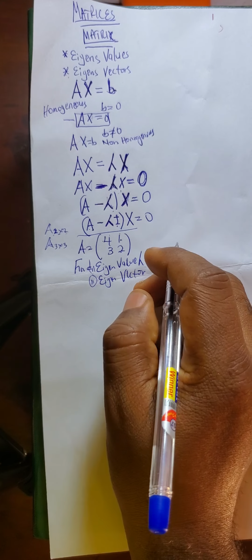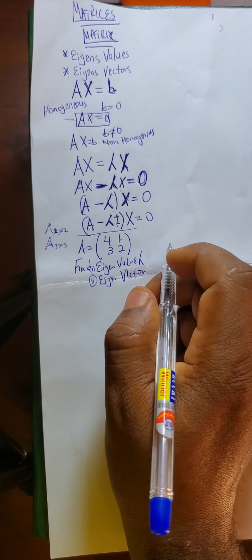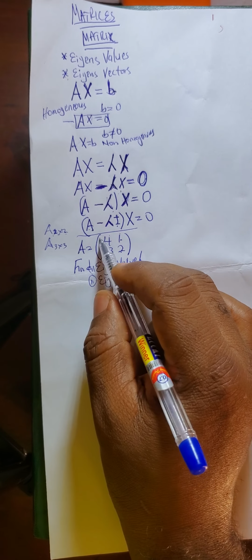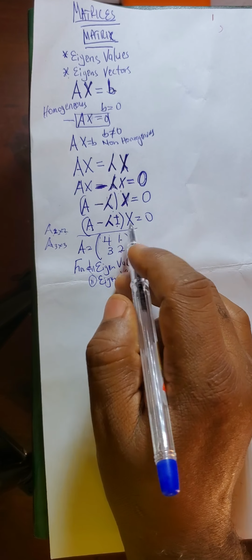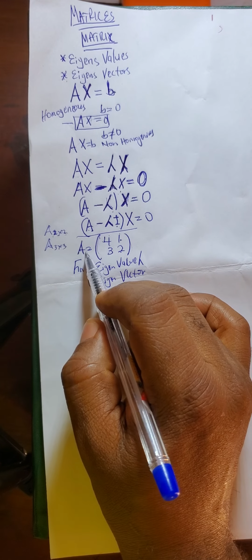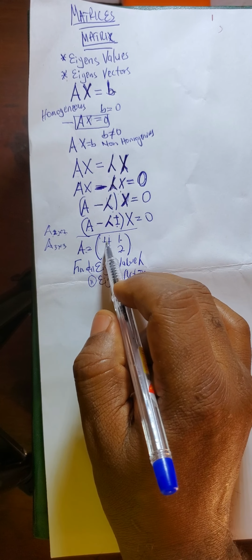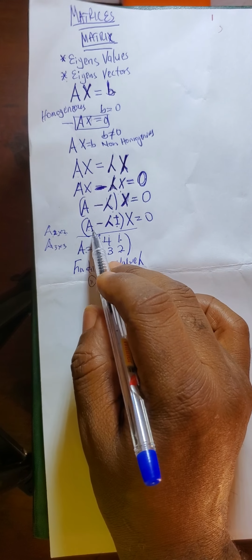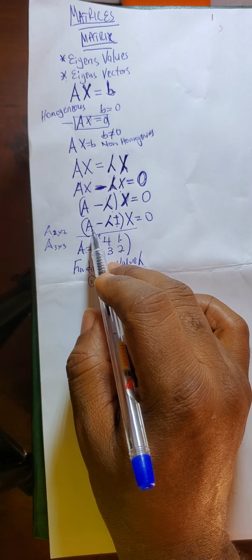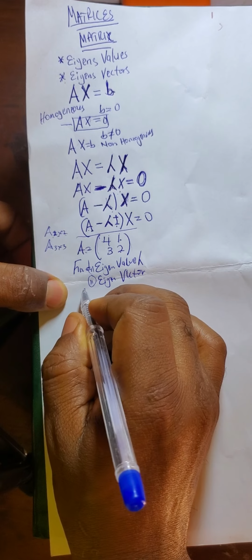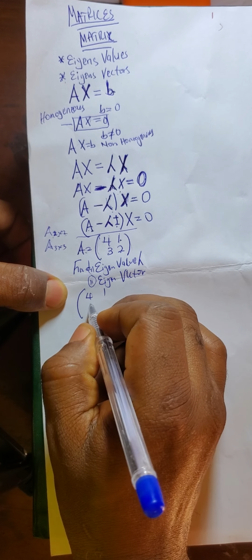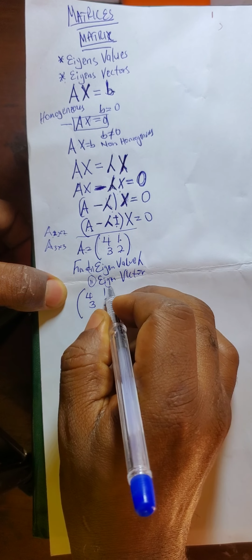So what we are going to do is to convert this matrix into this equation format. Our A, that is matrix A, is already this, so we put it inside this expression. So we are going to have something like 4 1 3 2.